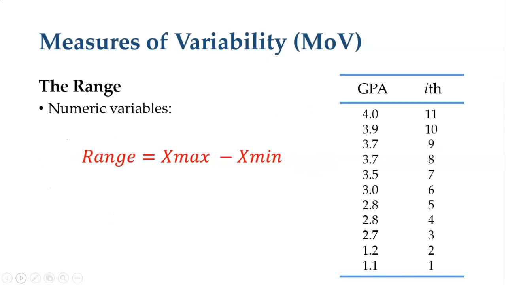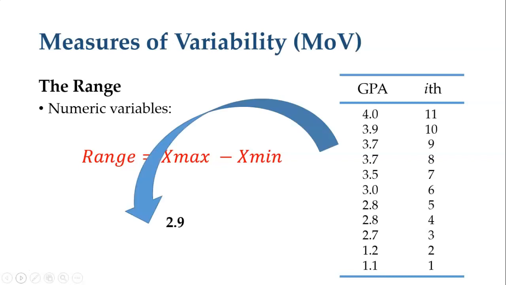So the range is the extension of the data that we have, how many possible values it covers. For instance, in this example, we have the GPA of different students in the college. What we do with the range is simply to see the extension of these potential values. We subtract the minimum value of X from the maximum value.